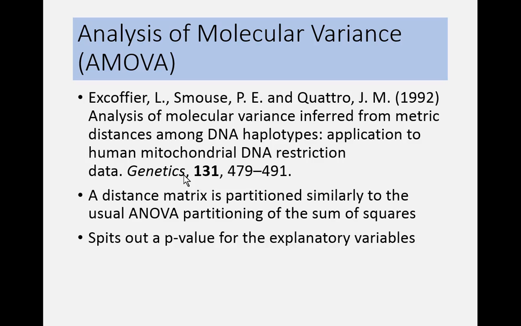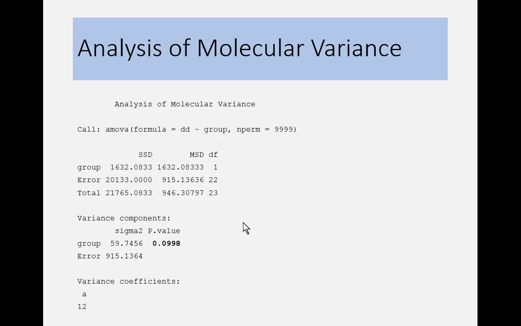So here is the variance analysis, just very shortly, the background. If you want to read more on the test, here's the first publication, but it uses a similar kind of approach as the normal variance analysis, but it's based on a distance matrix and gives out a p-value.